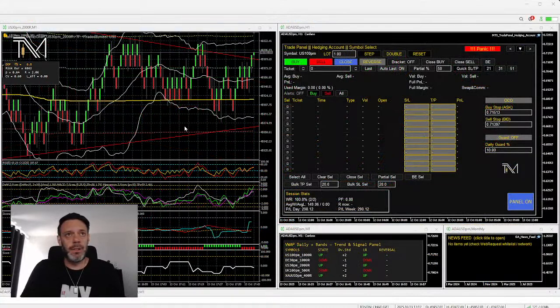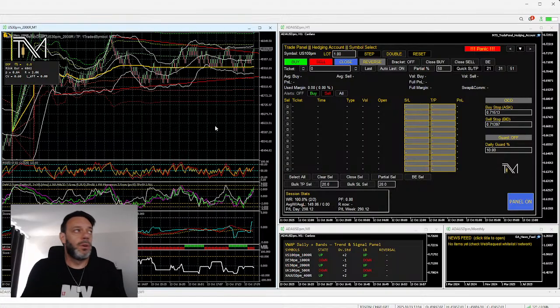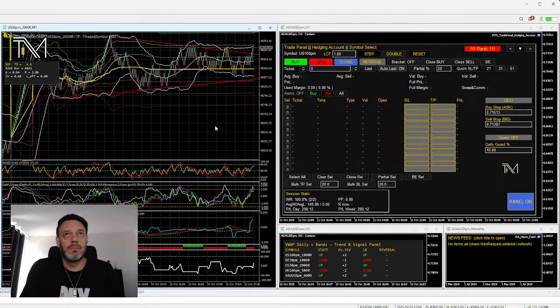Okay, let me show you again what's going on Dow Jones, because Dow Jones is trying to break this triangle. So yes, now they are going accordingly up, both Nasdaq and Dow Jones, the same.